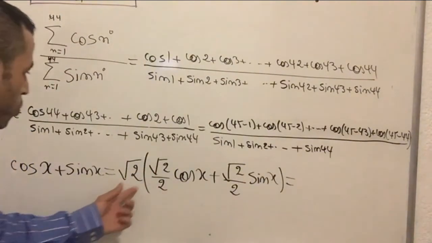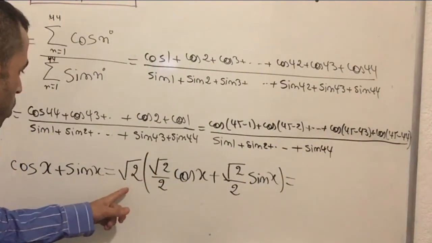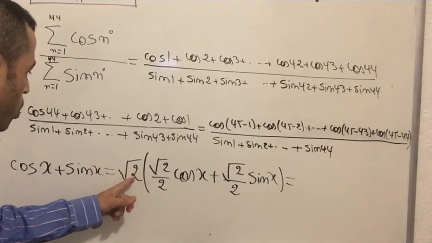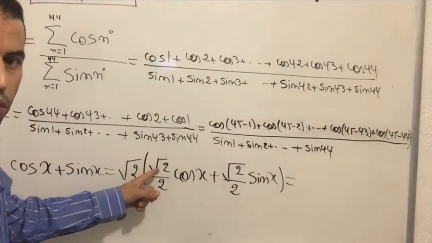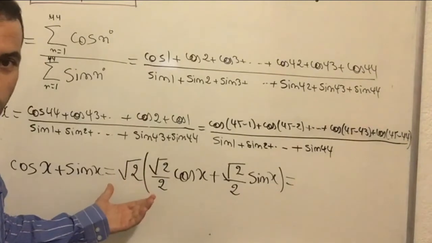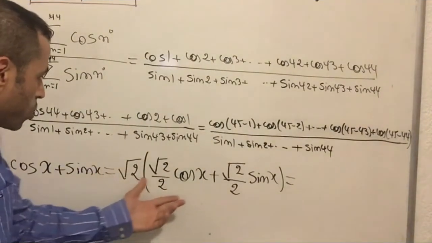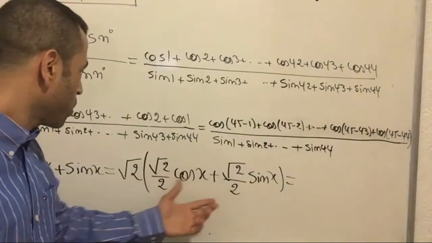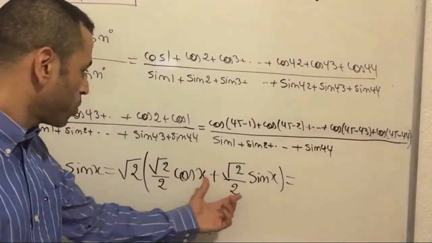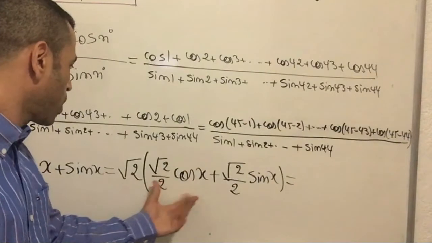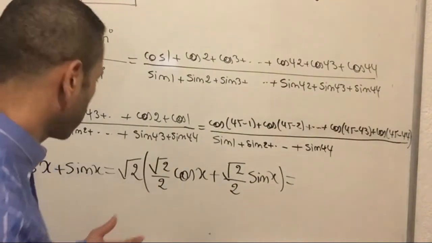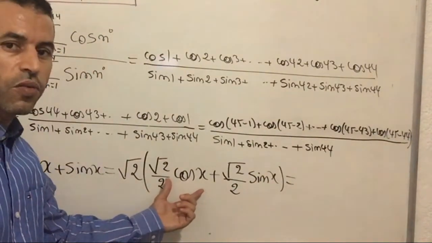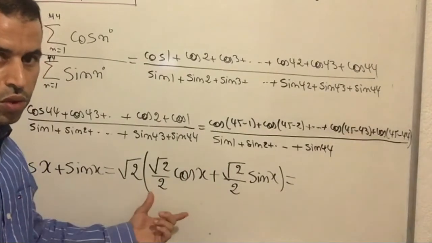If you distribute, square root 2 times square root 2 over 2 is equal to 1, so I did nothing, but I'm going to arrive at another form, that's why I'm doing this.